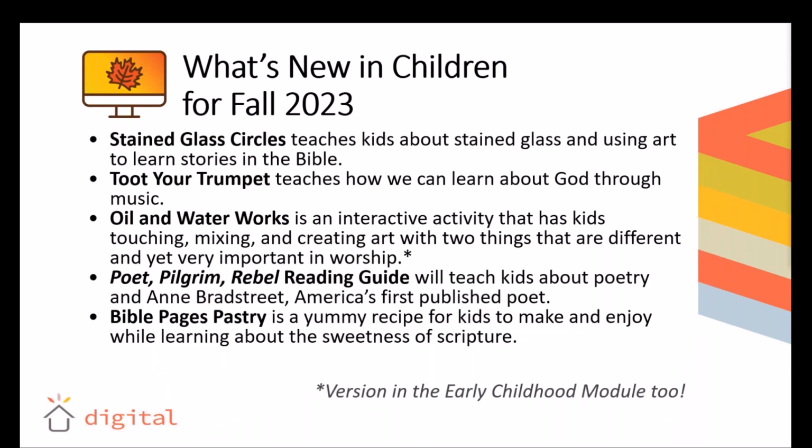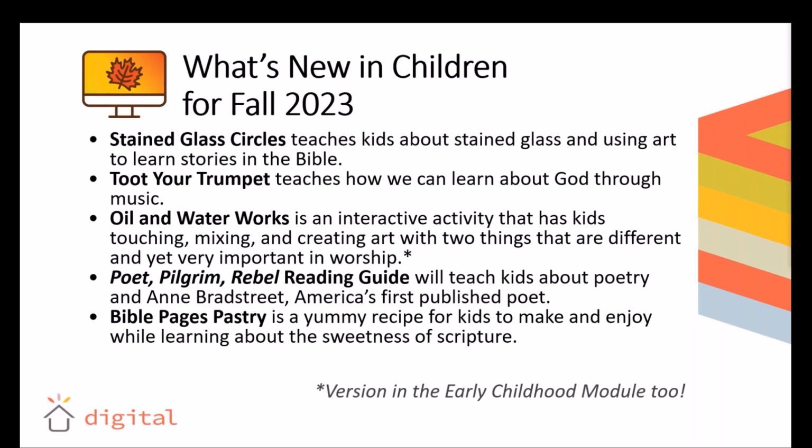Okay, so what's new for children? I talked about an aged up thing. There's the photo paper thing, but there's something for the older kids, taking that stained glass and thinking about how valuable stained glass has been in the church to help learn stories. There's a toot your trumpet activity where kids make and use trumpets, and an oil and water activity. I don't know if you've ever done things with oil and water. It's pretty cool.